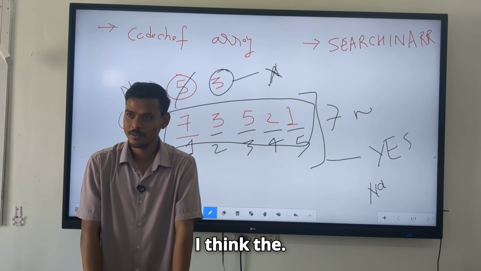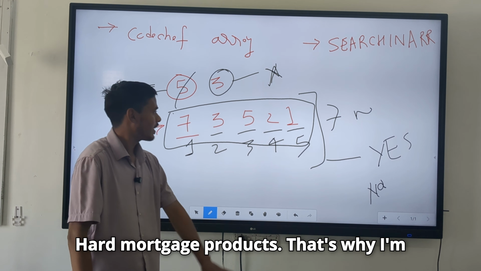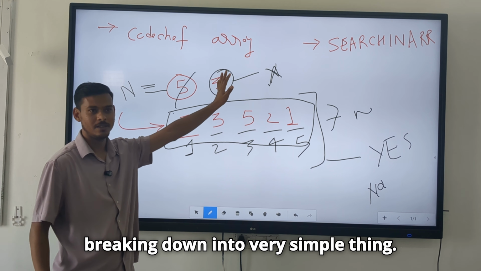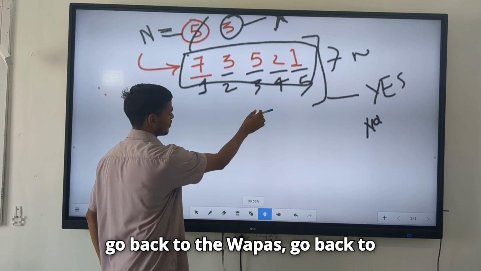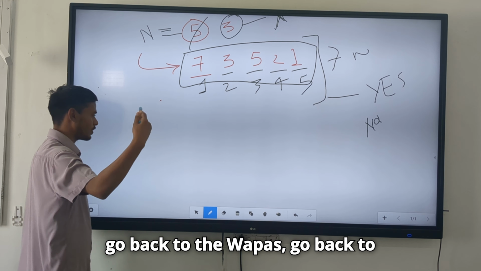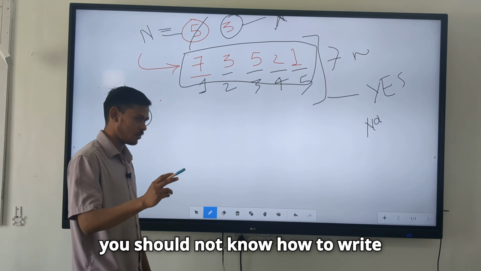I think the topic is hard for them to understand. That's why I'm breaking it down into very simple things. First step, let's go back to the question. Flowchart, you're into programming. The end goal is to become a developer, and to become a developer you should not just know how to write the code.